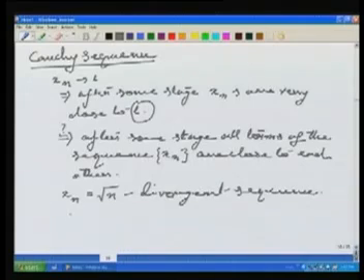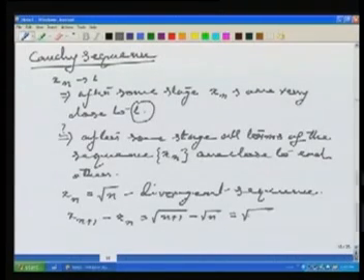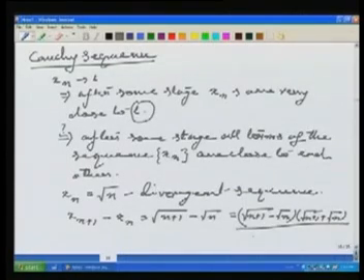But notice that if I look at xn plus 1 minus xn, which is square root of n plus 1 minus square root of n, which can also be written as the product of the conjugate over itself.